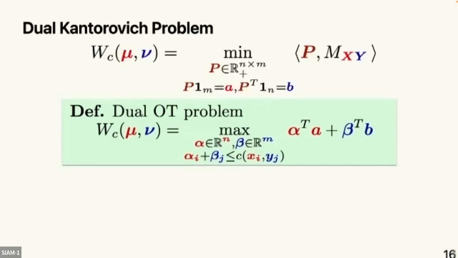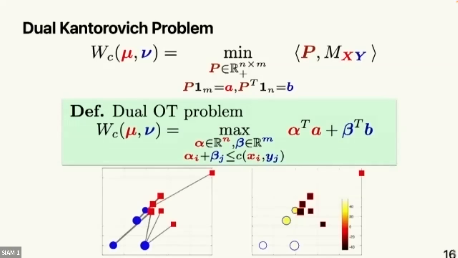We have those constraints, which are that the prices, those vectors alpha and beta, often called prices or potentials, are such that alpha_i plus beta_j is smaller than the cost from x_i to y_j.